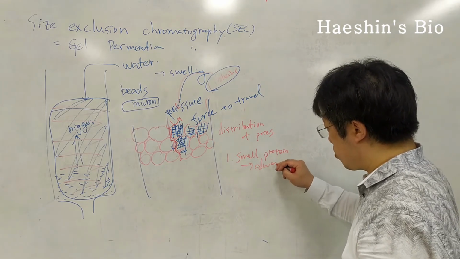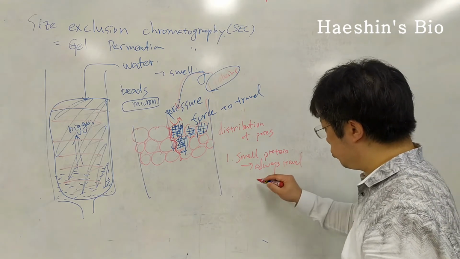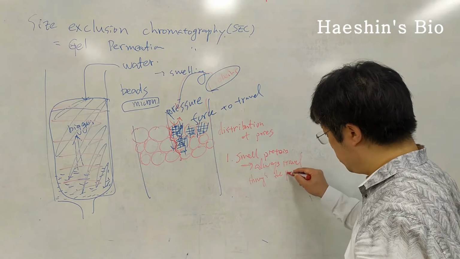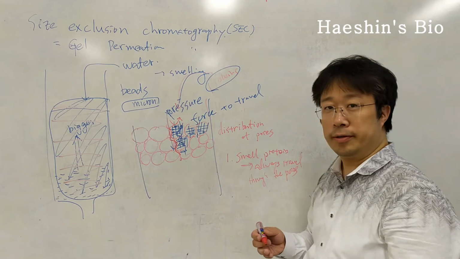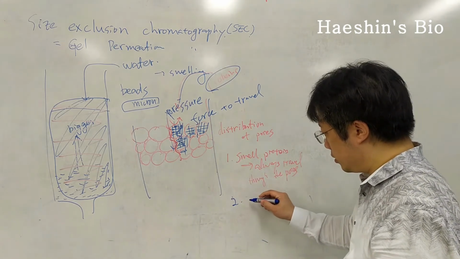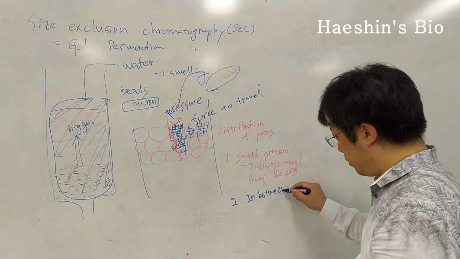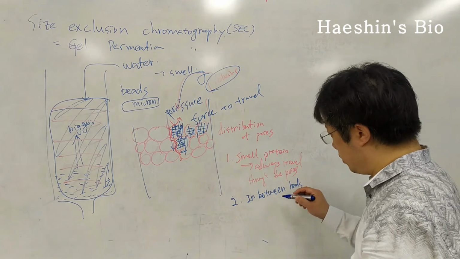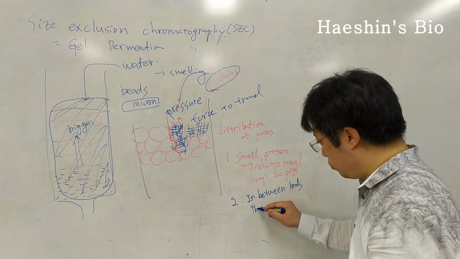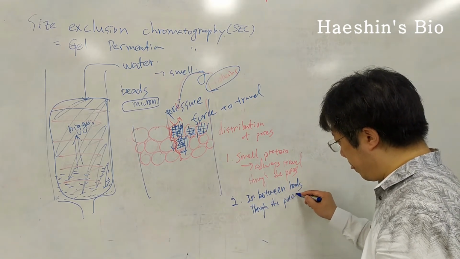always travel through the pores, right? But the second case is the one I explained before. The second case is in between beads, and in some cases they can go through the pore, right?